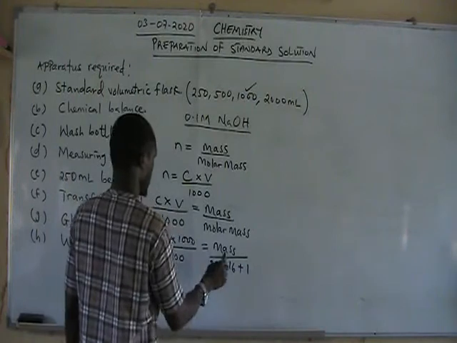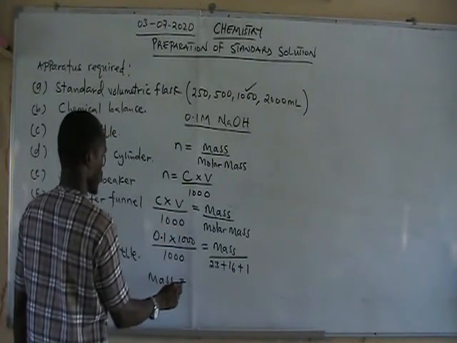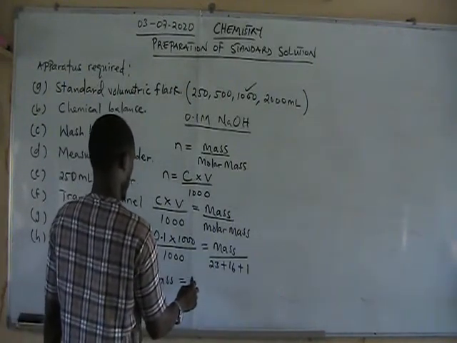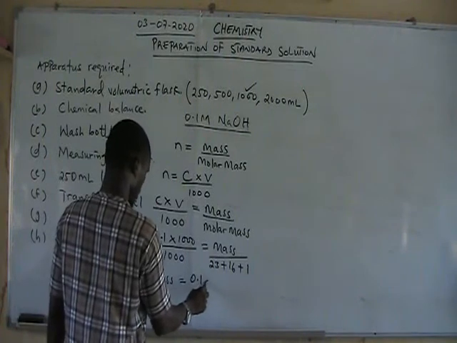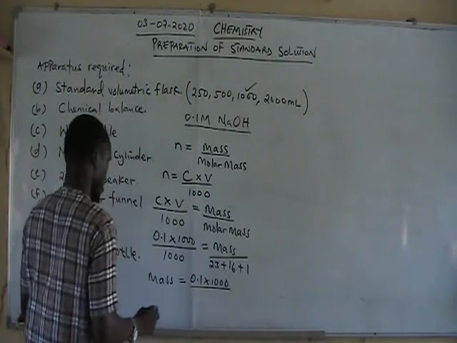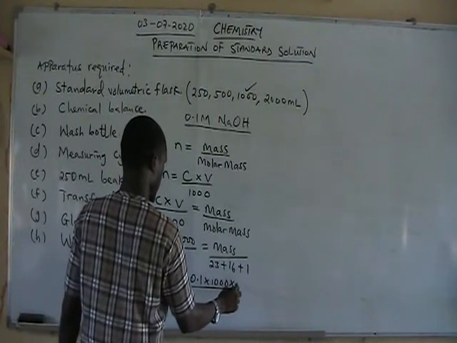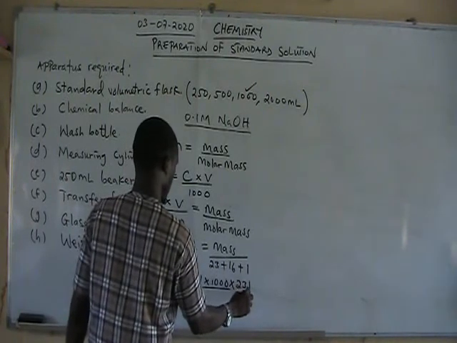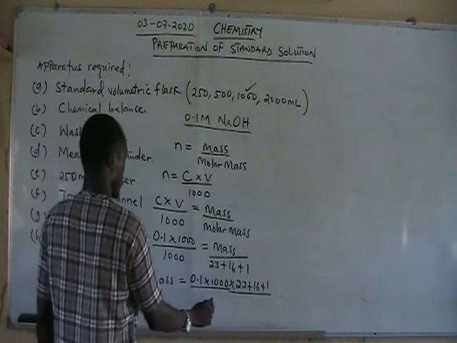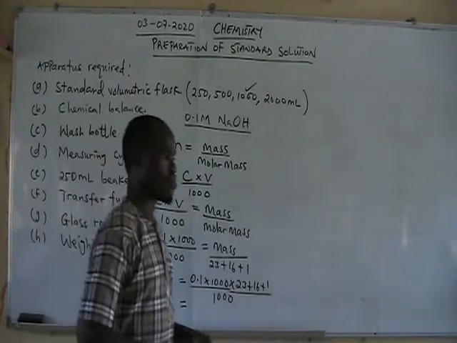So by the time we calculate everything, our mass, which we are going to measure, is going to be equal to 0.1 times 1000 times 23 plus 16 plus 1, divide everything by 1000.